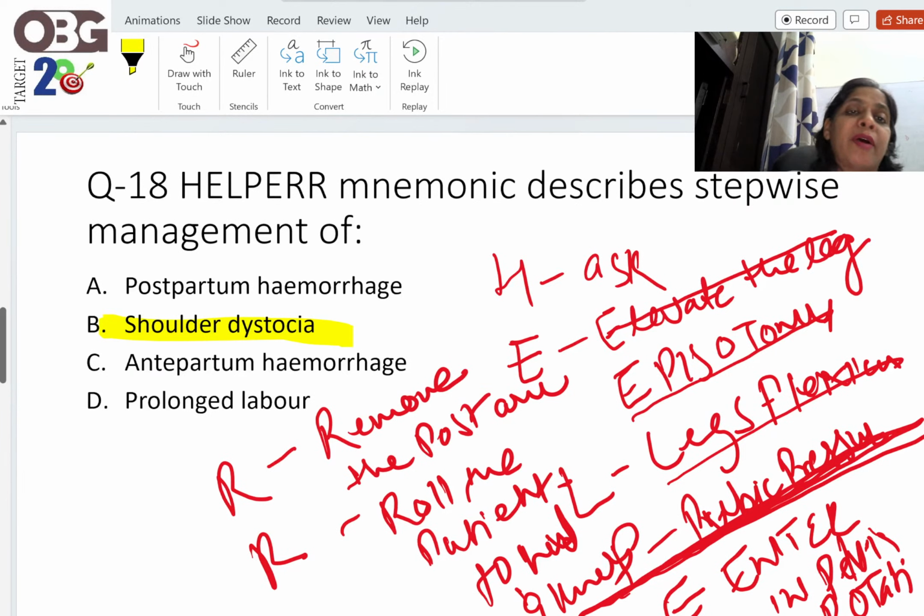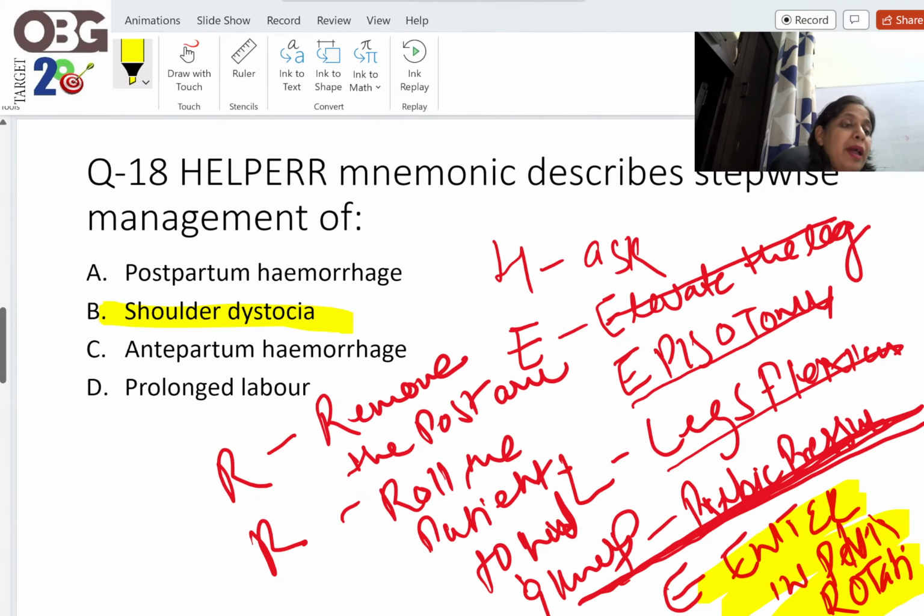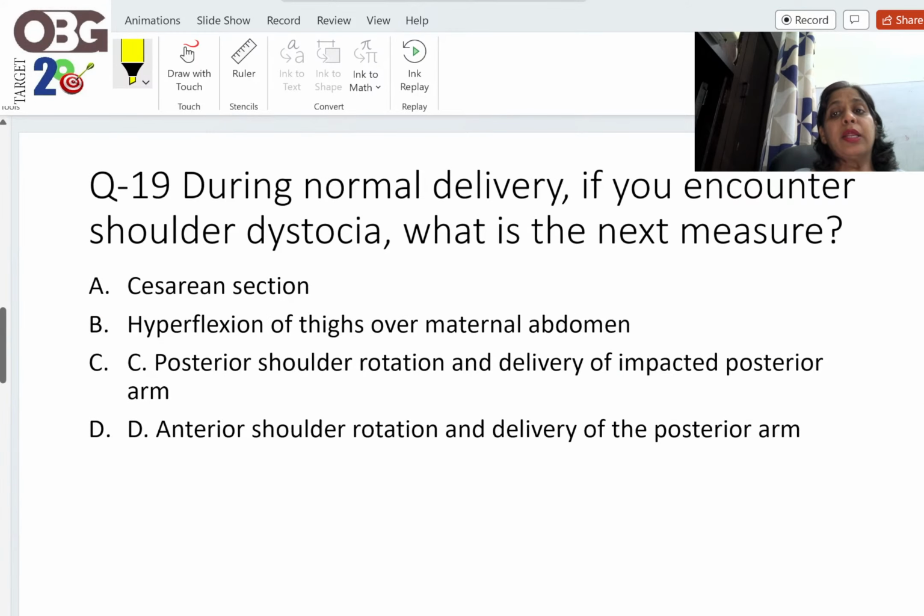Here are some advanced maneuvers. We have to enter the pelvis and do rotational maneuver. Double R stands for removing the posterior arm, and the next R is rolling the patient to hands and knees. If you encounter shoulder dystocia, the answer is hyperflexion of the thighs over the maternal abdomen.